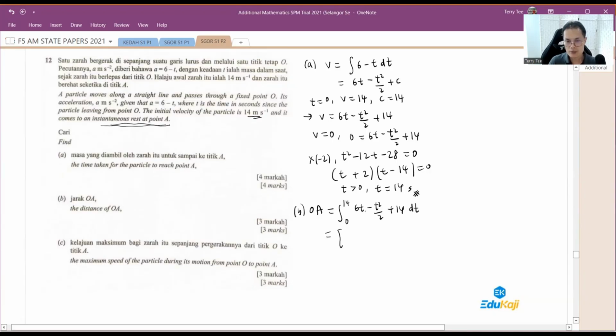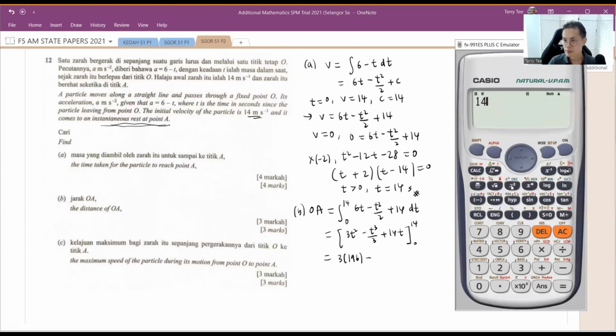So as we integrate this, what will it be? 6 divided by 2 is 3t squared, t cubed over 3. This is 14t. Lower limit 0, upper limit 14. Okay, so let's put 14 inside. 14 squared is 196. 14 cube, oh, I don't remember. 14 cube is 2744.